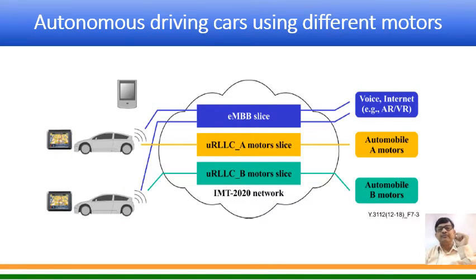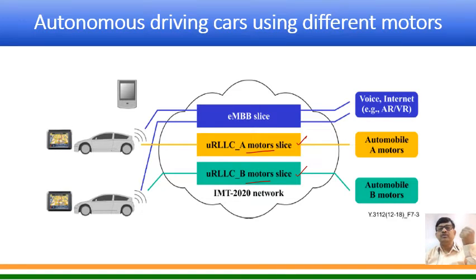In another example, it is shown that there are two URLLC slices, one for A Motor, maybe a company manufacturing a car, and B Motor, another company manufacturing cars. They are offering certain services to the cars which are manufactured by them.